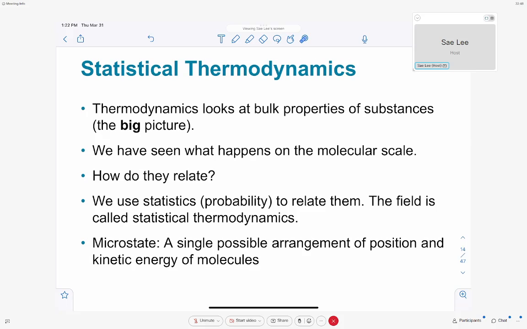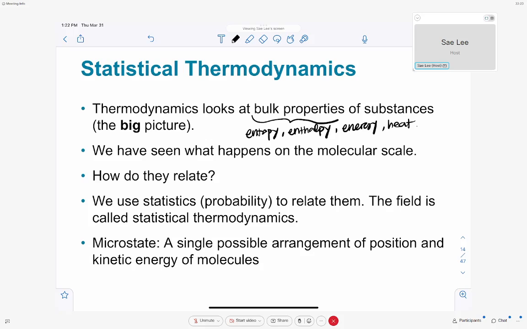Thermodynamics usually looks at the macroscopic, bulk properties of a substance, such as entropy, enthalpy, energy, and heat. The bulk property they're talking about here is entropy. But what we have just seen in previous slides is on a molecular scale, the number of gas molecules.